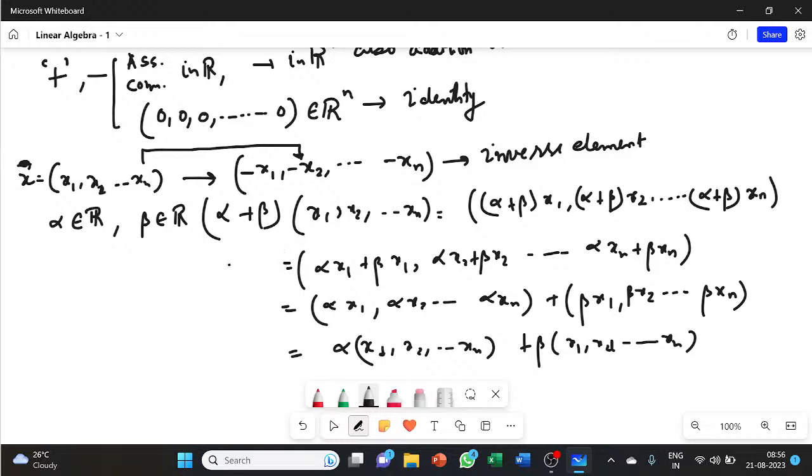Okay, and similarly all the other properties can be verified. Is that clear, or should I do all these properties? I mean, this is something that you can do on your own also. If that is the case, let us move a little bit further.